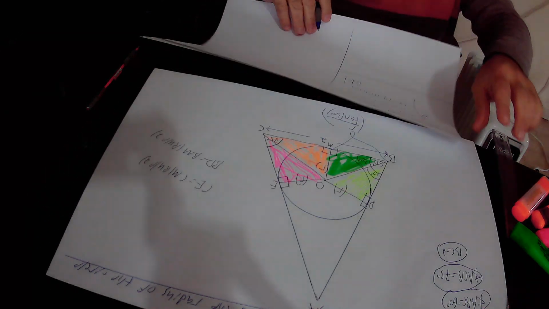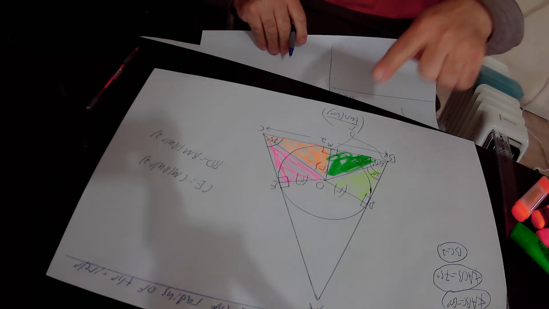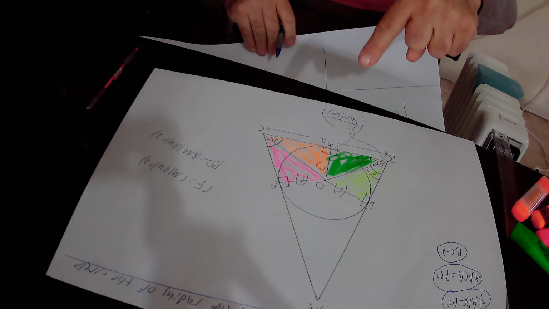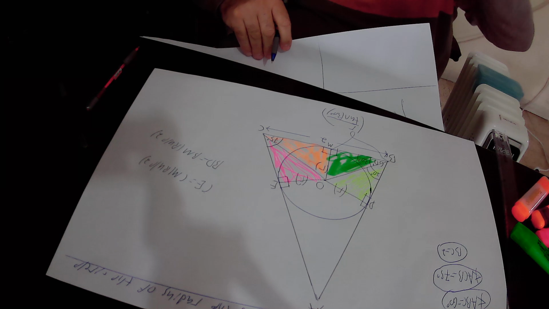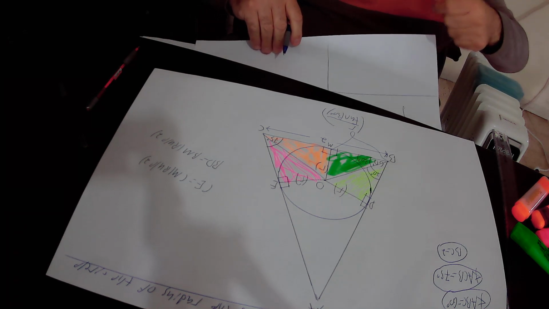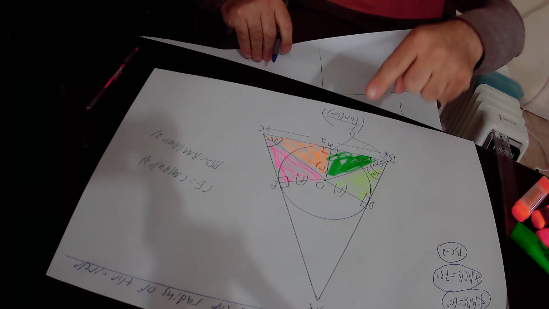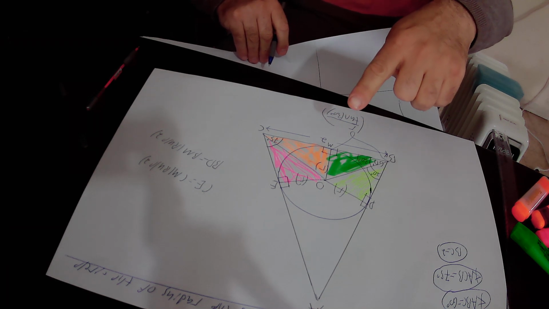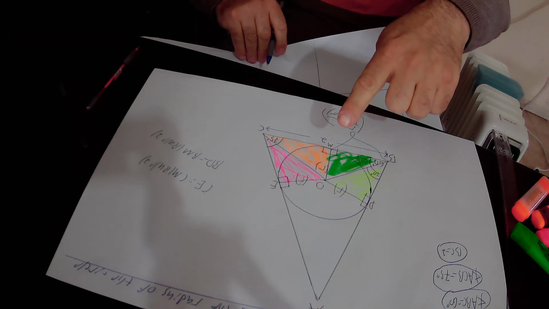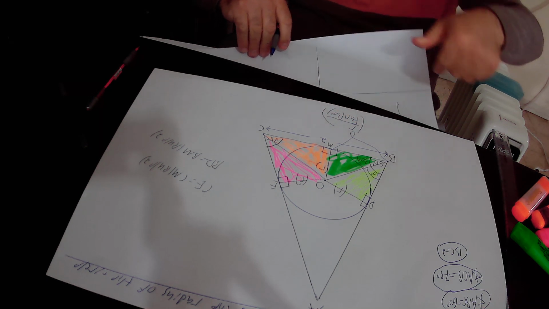So we actually proved that the orange triangle, triangle OMC, is congruent to the pink triangle, triangle OEC, according to the side rule. All the sides of the orange triangle OMC are correspondingly congruent to all the sides of the pink triangle, triangle OEC.